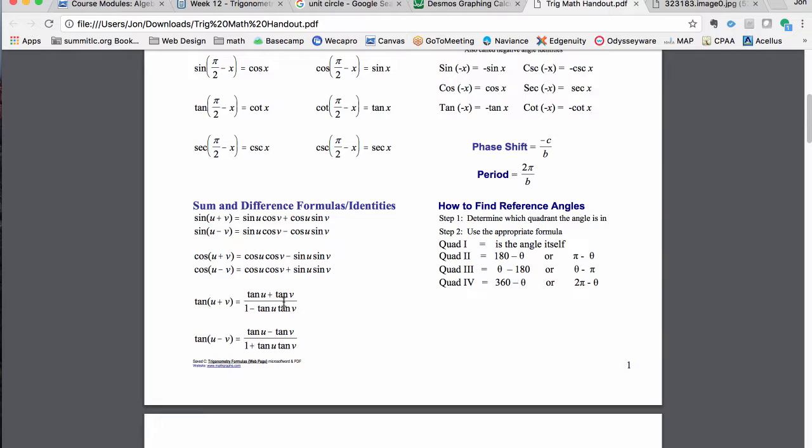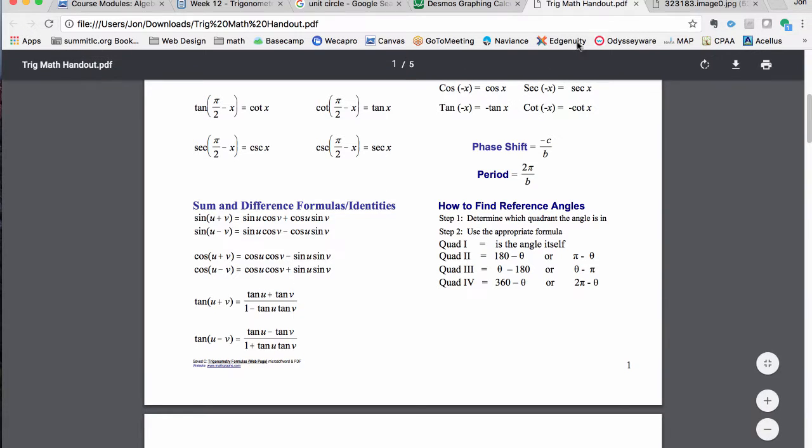The tangent of two angles added is equal to the tangent of the first angle plus the tangent of the second angle, divided by 1 minus the tangent of the first angle times the tangent of the second angle. Okay? Now I need to find the exact tangents. Remember our angles, we split negative 75 into negative 30 and negative 45. So let's do that. Let's go to my unit circle.